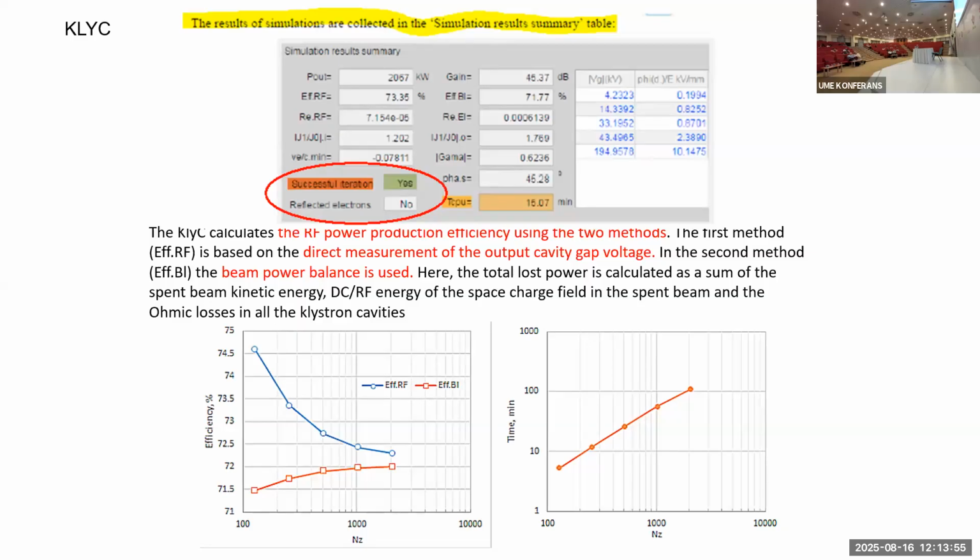But if you are in the design phase, then change something, let's say take one of the cavities out, or change the frequency, or play with the physical parameters.